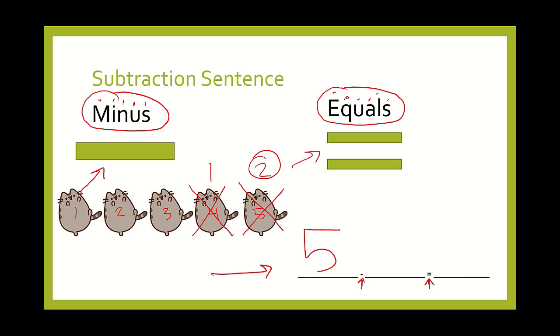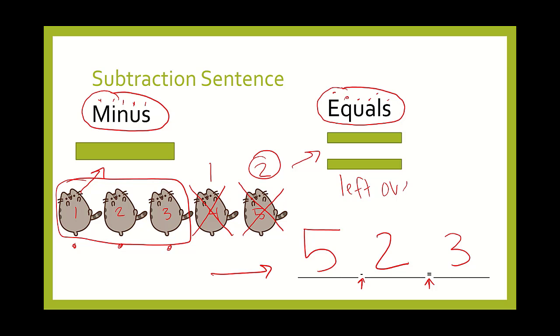So 5 minus, take away, 2 equals, then we're going to count how many we have left. 1, 2, 3. So this is how many are left over. So we would add that number after our equal sign. So equals, for subtraction, means how much is left over in a takeaway story. What is left over?